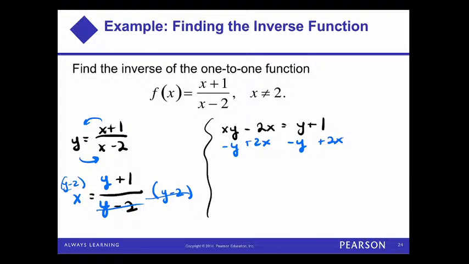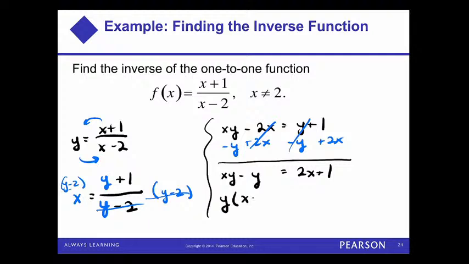So now when we do this, these cancel, and what we get on the left is xy minus y. On the right, we have 2x plus 1. On the left, we can factor out y. We're left with y times x minus 1 equals 2x plus 1.